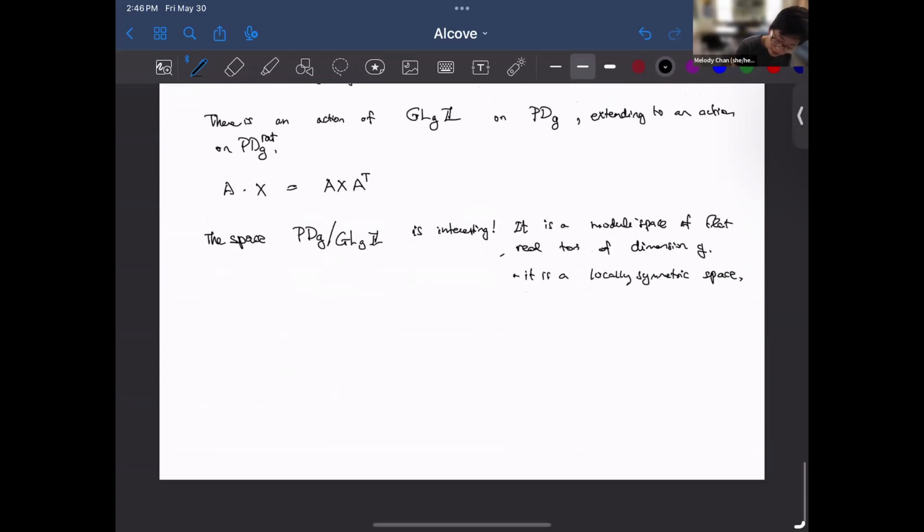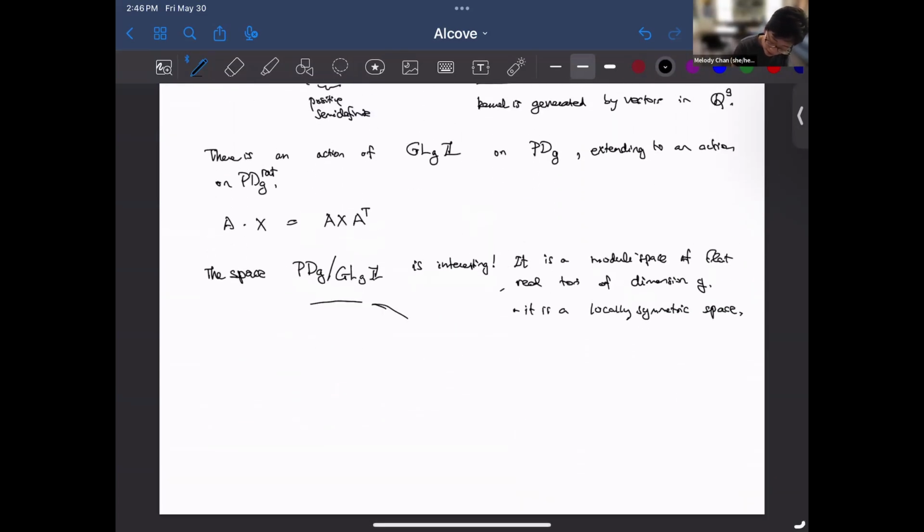Here's another picture. I'm going to draw the same picture again and again. This is a sort of accurate picture of PD2, the link of PD2. And there's an arithmetic group acting on it, GL_G(Z).